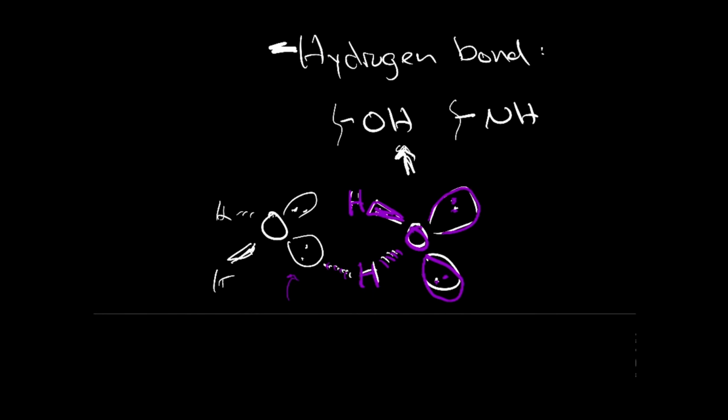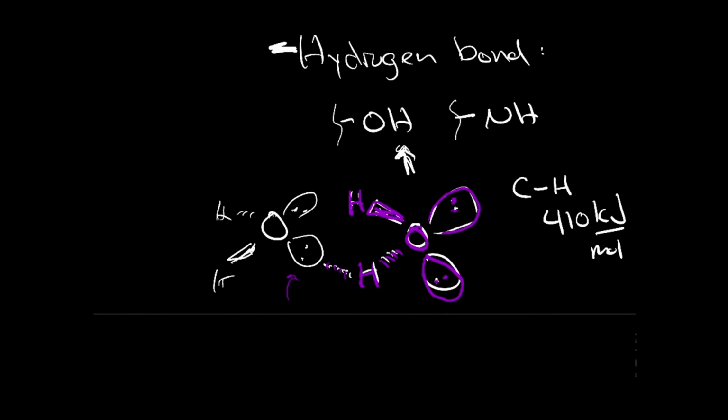Now, the actual strength of a hydrogen bond can be pretty weak, right? So if we consider, just as a comparison, the strength of a carbon-hydrogen bond via its bond dissociation, the standard enthalpy change when we start breaking things, that's like 410 kilojoules per mole.